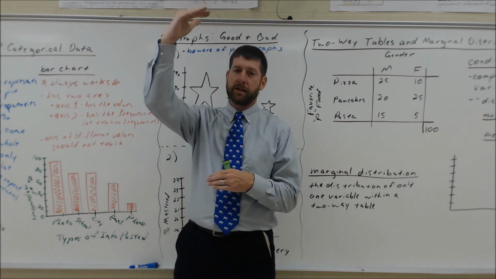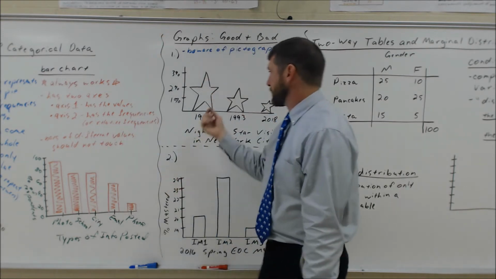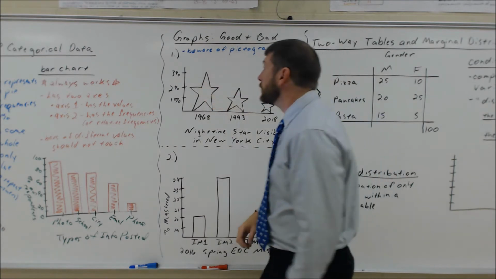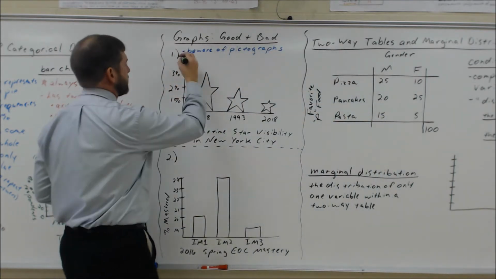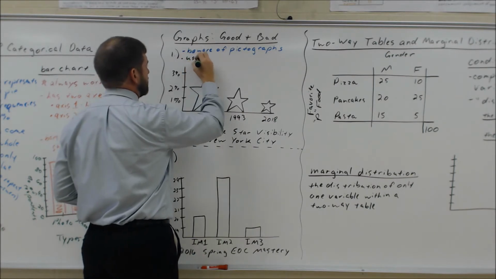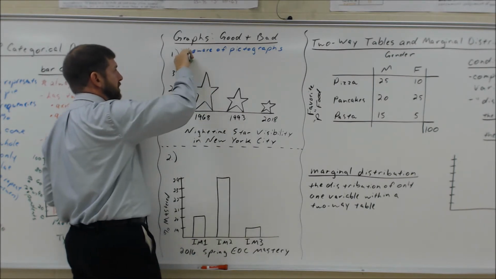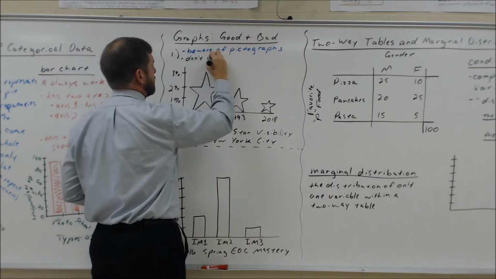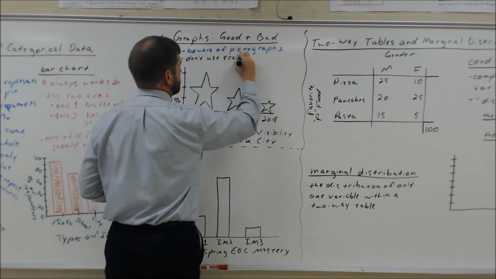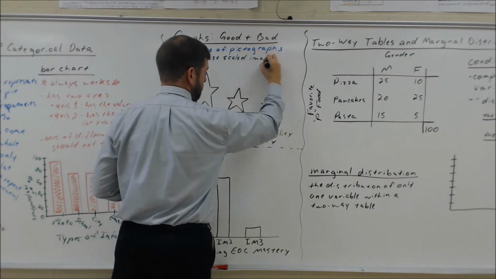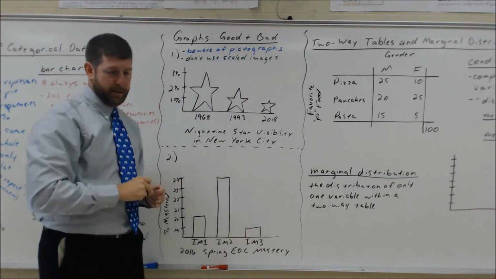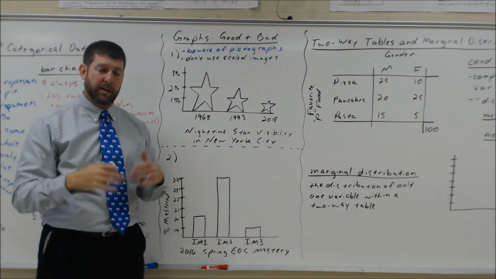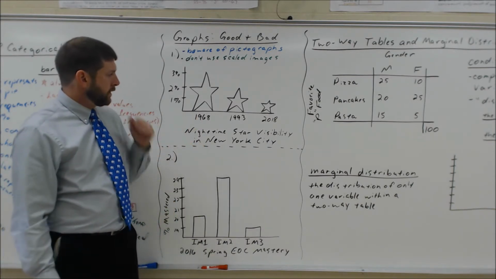I just want to compare heights, not area. And you can see this one, we weren't just getting shorter, we were also getting narrower. So if you're going to use pictographs, don't use scaled images. Scaled images means that as they get taller, which is what we usually want, they also get wider. So again, they give more weight to it.